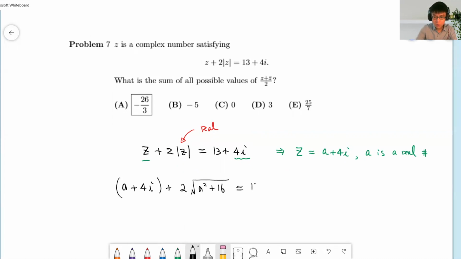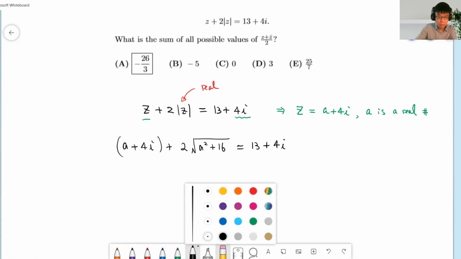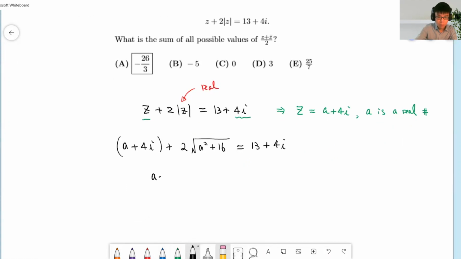This equals 13 plus 4i. We can cancel the 4i and derive a plus twice root a squared plus 16 equals 13. Let's separate the square root part and the part without square root.